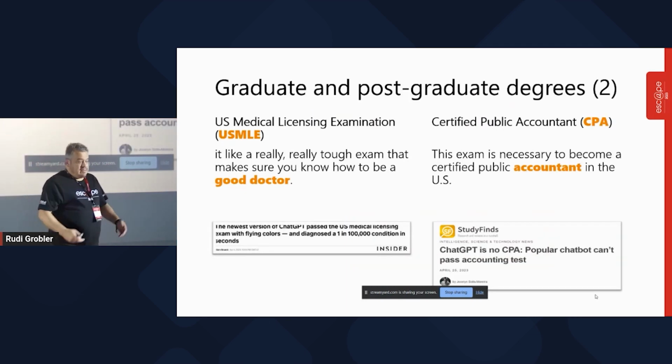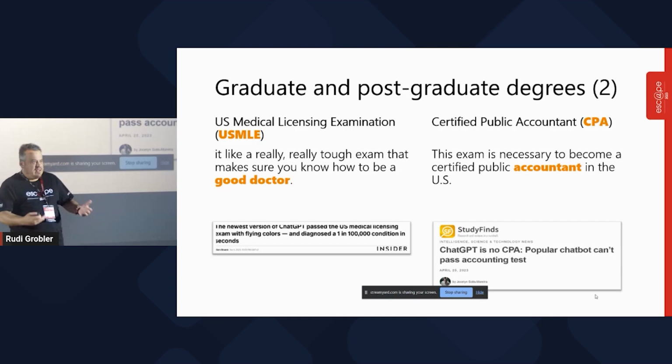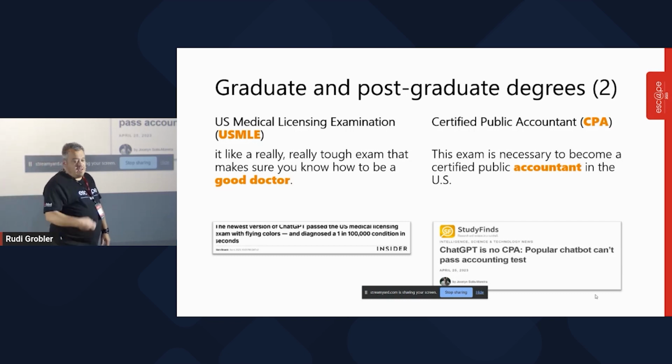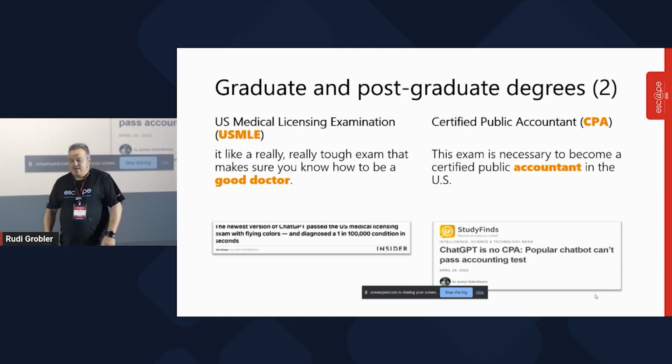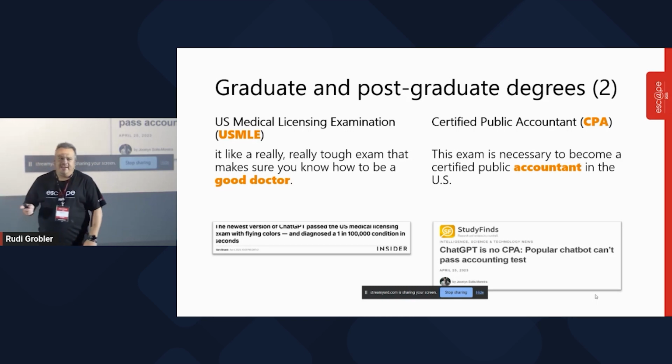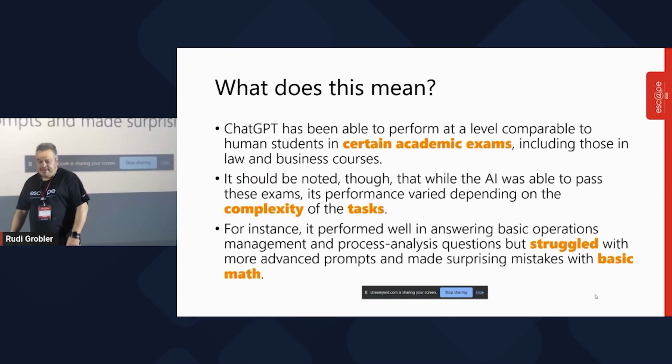It also did the medical exam. Obviously, it cannot do the actual medical check, but there's an article today on Jacaranda that said people are asking it medical questions, and it's doing a pretty decent job of identifying the problem underneath the covers. But again, it passed the medical exam. The one that it struggled with, which is quite interesting, is the CPA exam. So basic math is a little bit of an issue, but it eventually passed even that exam.